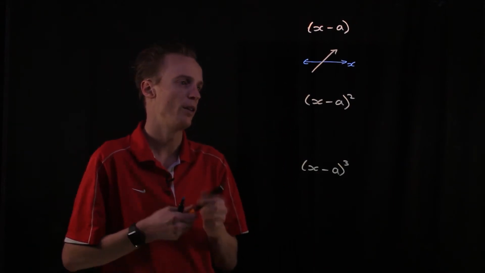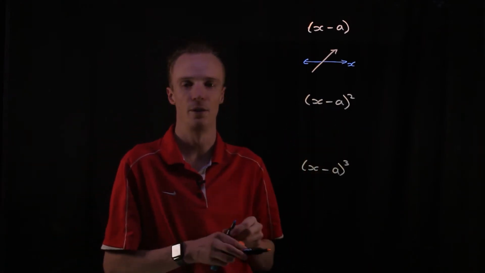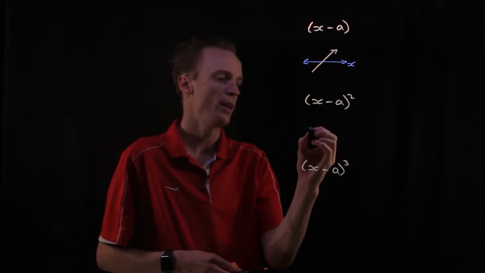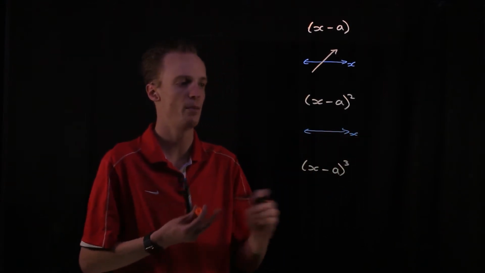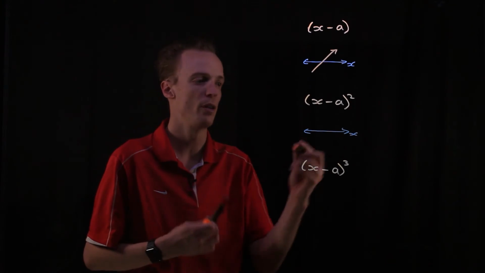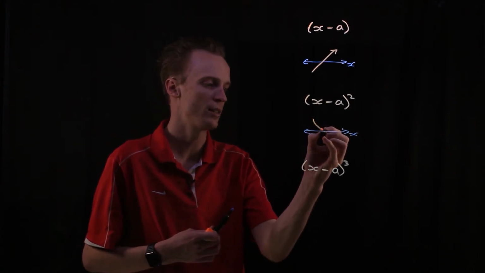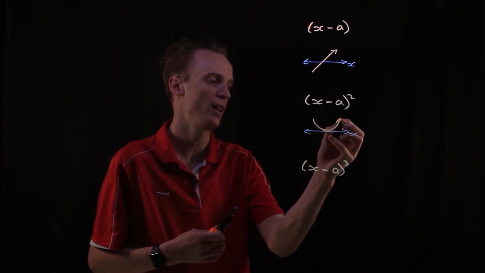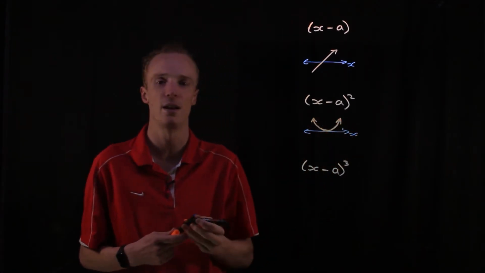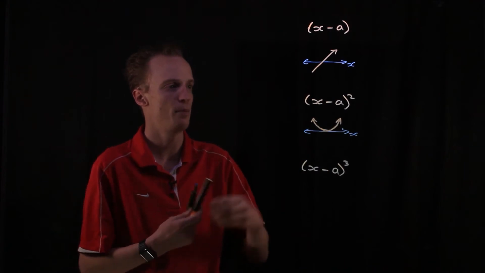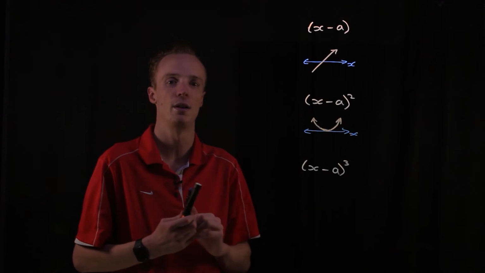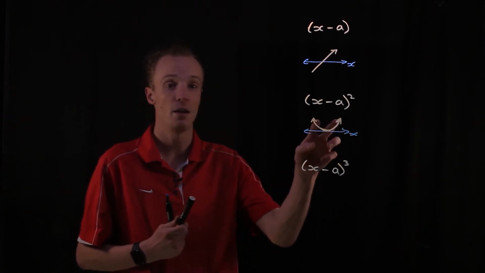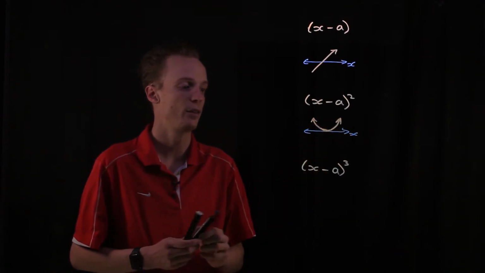Whereas if we've got a repeated root such as the one here, the graph is going to come either from above or below, but it's just going to touch the x-axis. So it's going to come down here, just touch it, and then keep going back in the direction that it came, either above or below the x-axis.